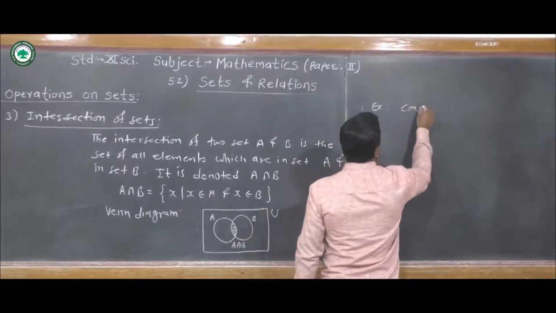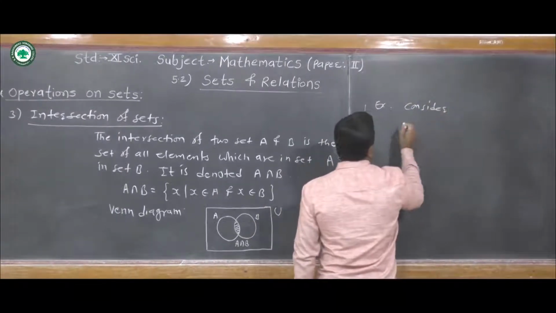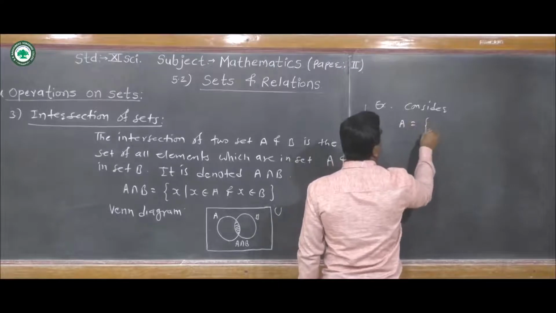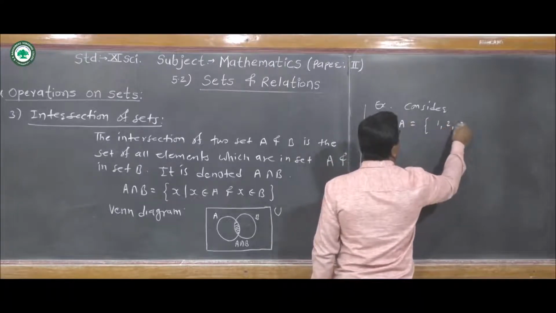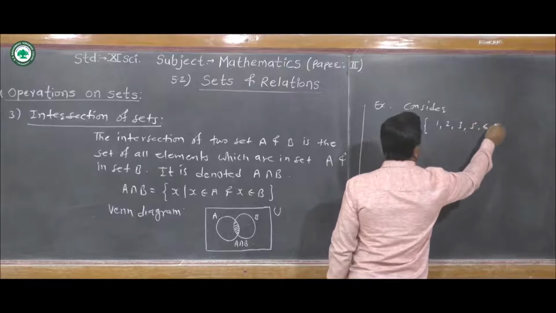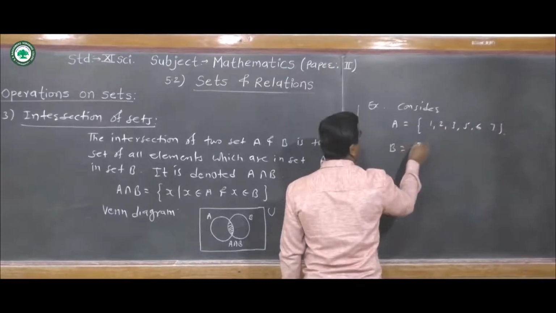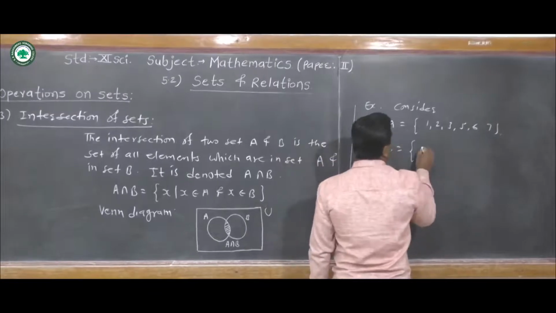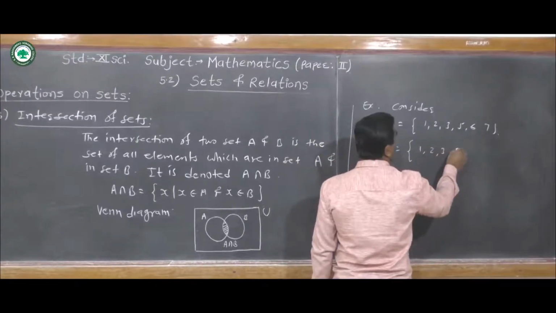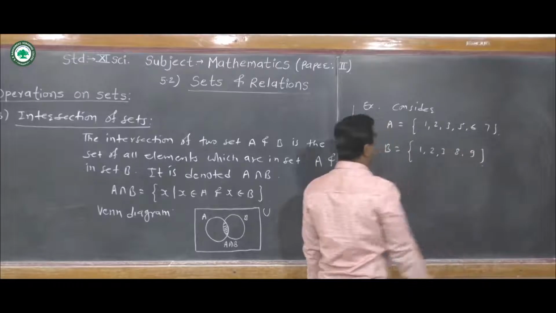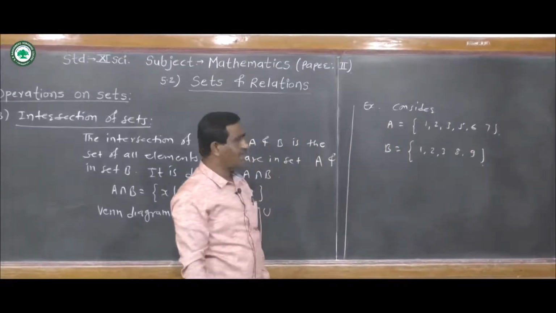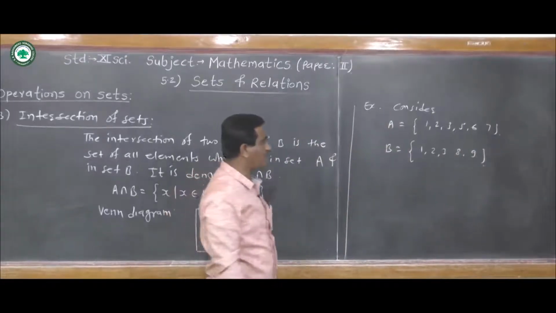Consider set A. A is equal to, in curly bracket, 1, 2, 3, 5, 6, 7, and set B is equal to, in curly bracket, 1, 2, 3, 8, 9. Now these are two given sets. We have to write intersection of these two sets.